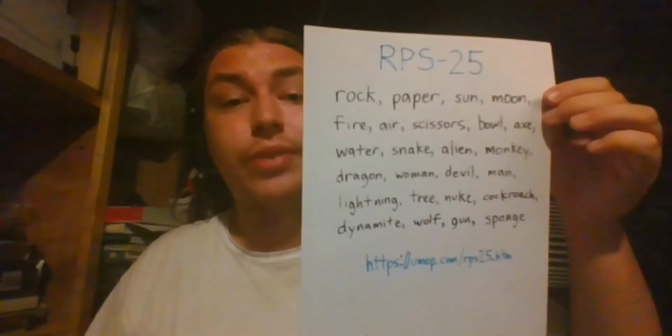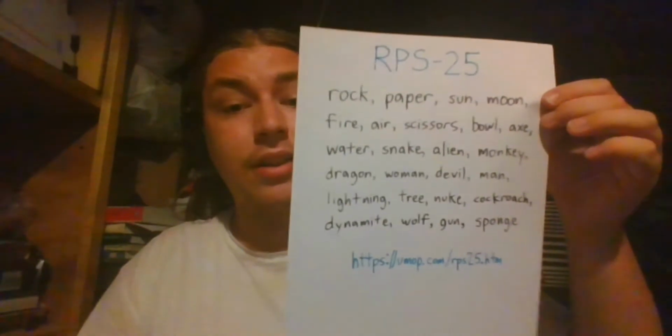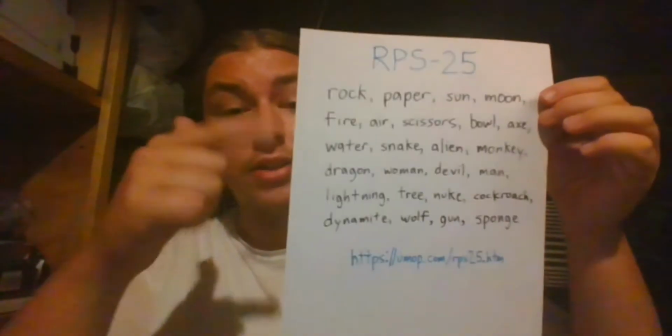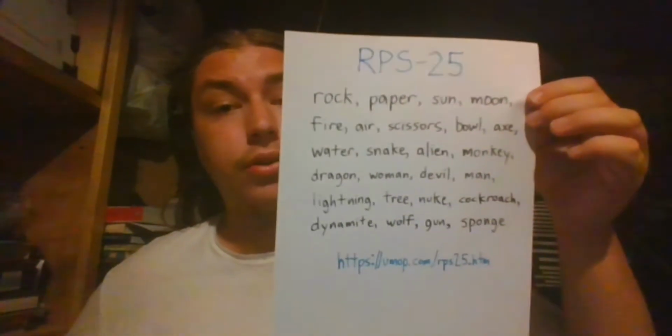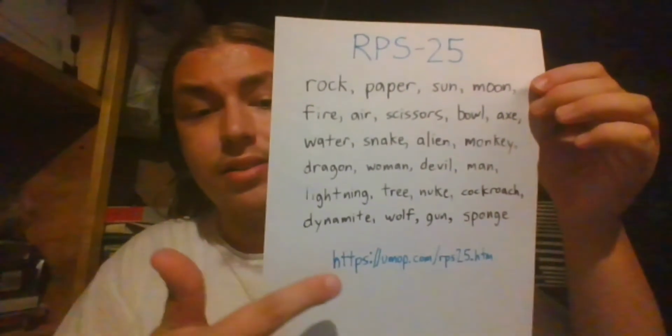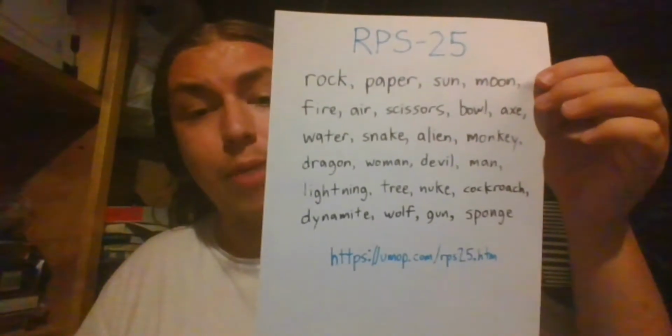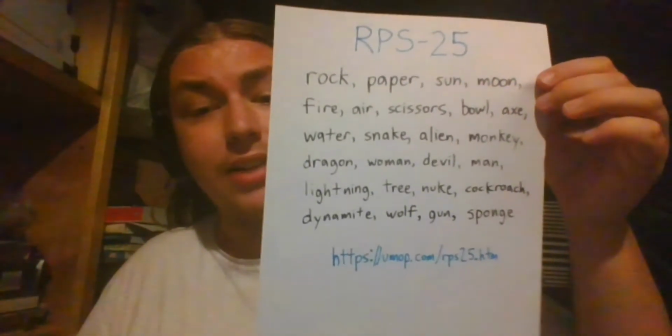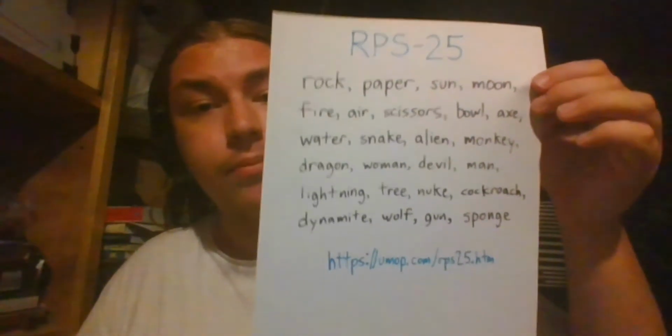Like, it's crazy how complicated this game gets. And this, by the way, is also in the right order to use with my algorithm. And you can check that out at this page if you'd like, umop.com/rps25.htm. And he also has a 101 symbol game, but I'm not touching that with a 10-foot pole.